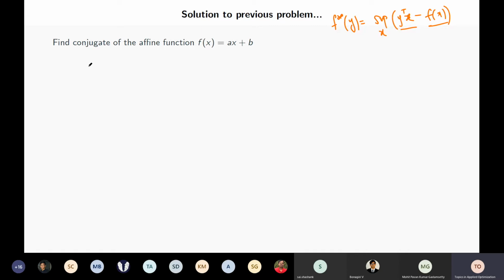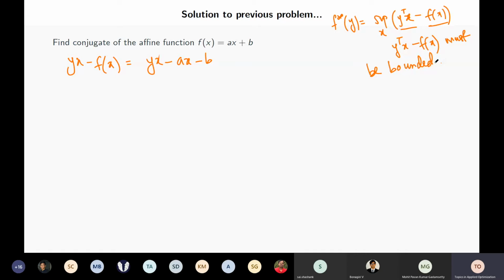So what we look at is yx minus f of x. Since f of x is ax plus b, yx minus f of x is yx minus ax minus b. Now remember, this should be bounded, so y transpose x minus f of x must be bounded. This is one condition that will tell us what to do.